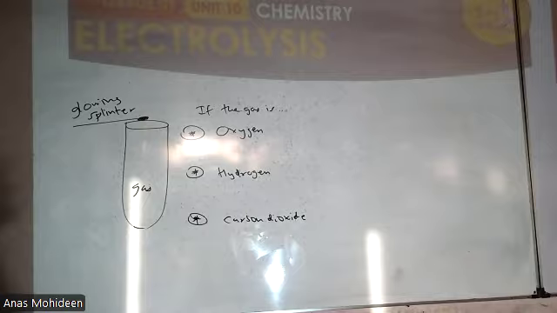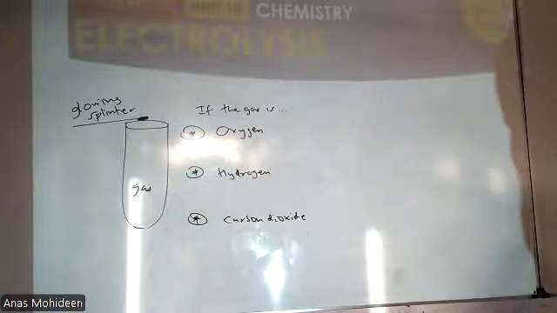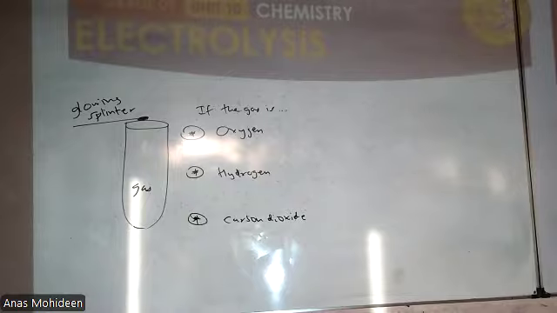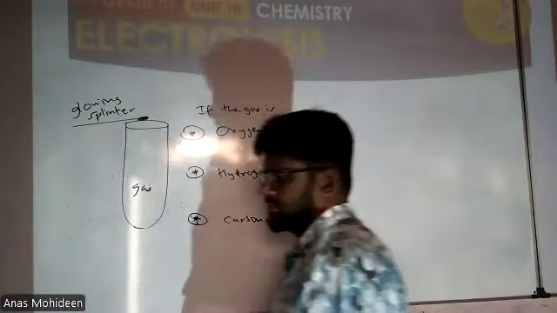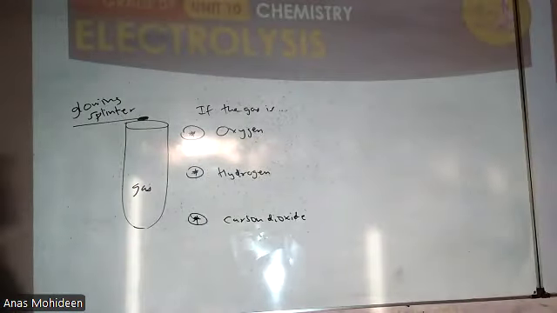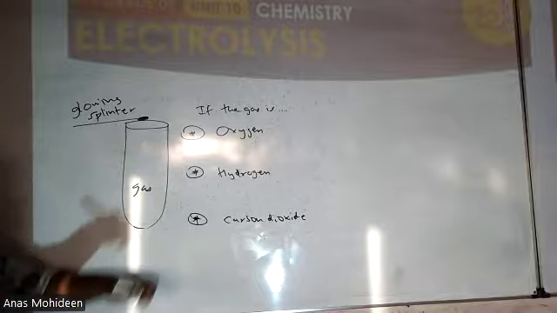When a glowing splinter is subjected to the gas jar with, take the first point, oxygen.